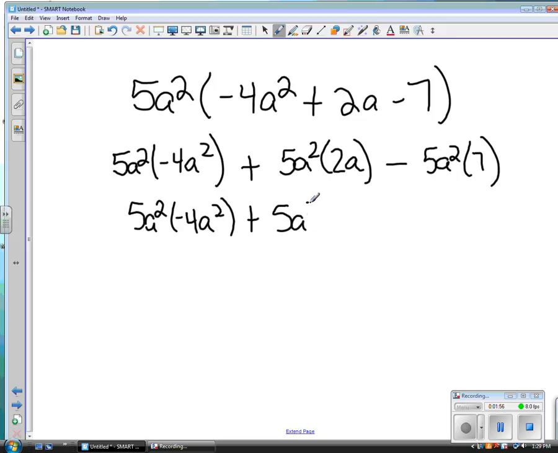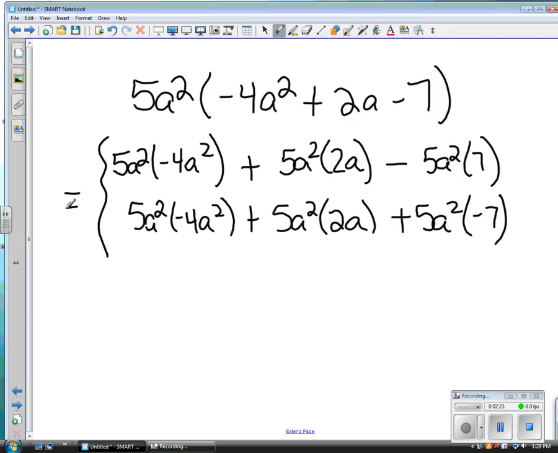These 2 lines are exactly the same thing. So there's nothing wrong. If you want to make that a negative 7, that's fine. And that might be more useful for you because what if that was a negative 5a? Then you might recognize the negative times negative as positive. So it's totally how you feel more comfortable writing that. Okay? So these 2 things are the same.